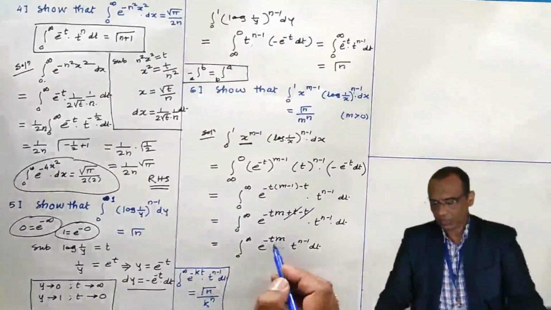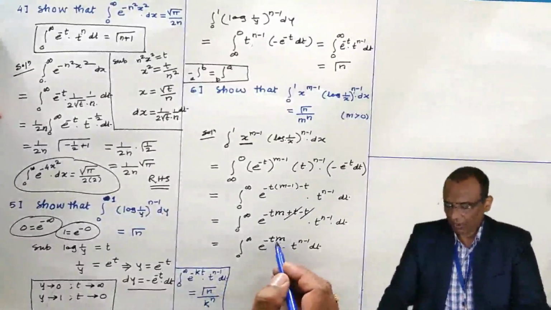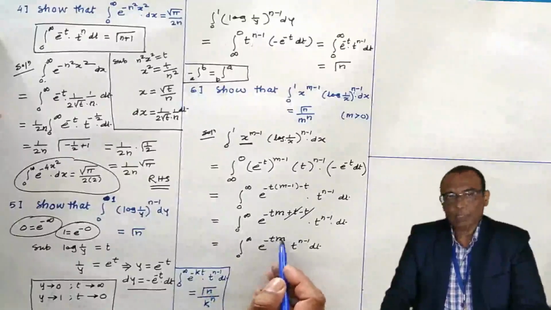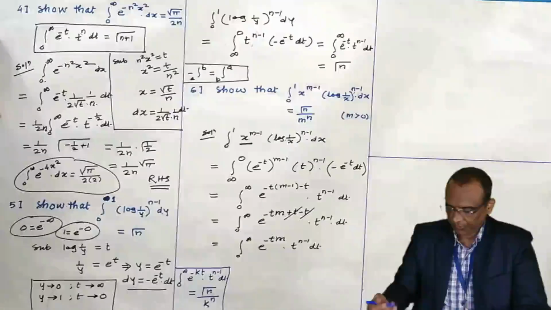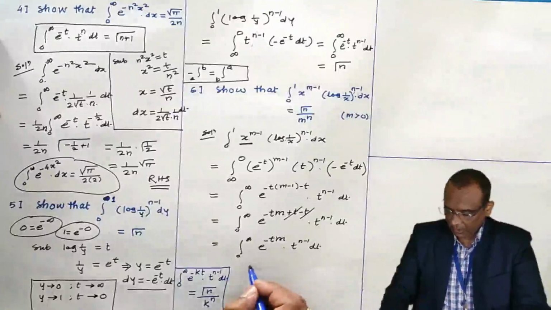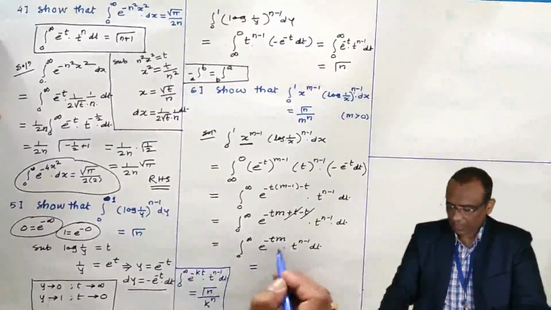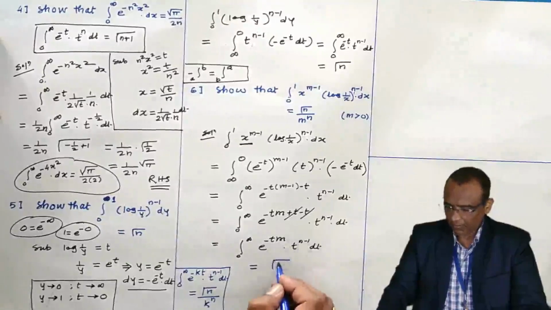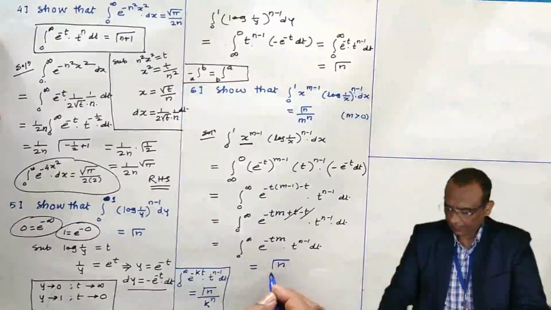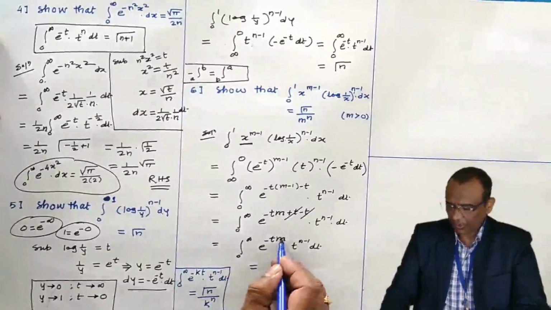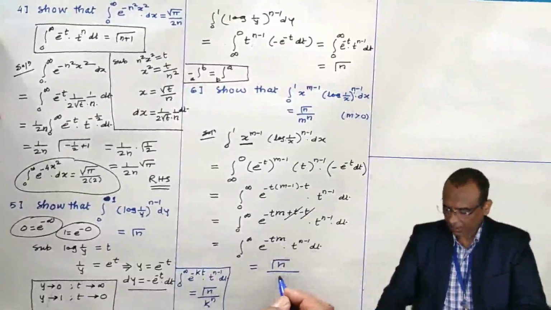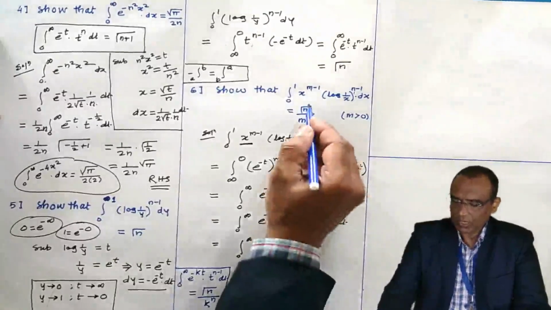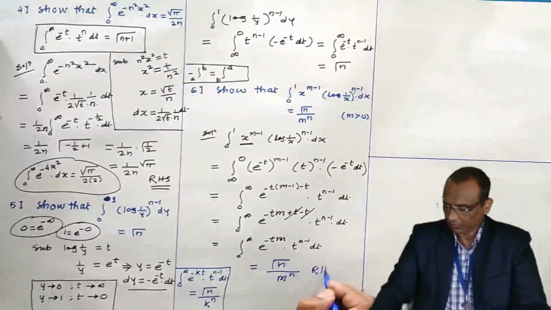This can be easily used here, or if you don't want to use this formula, then substitute t to the power m equal to z and go on solving. Here this can be written as gamma n divided by k to the power n, where k is m. With this, the right hand side we have done.